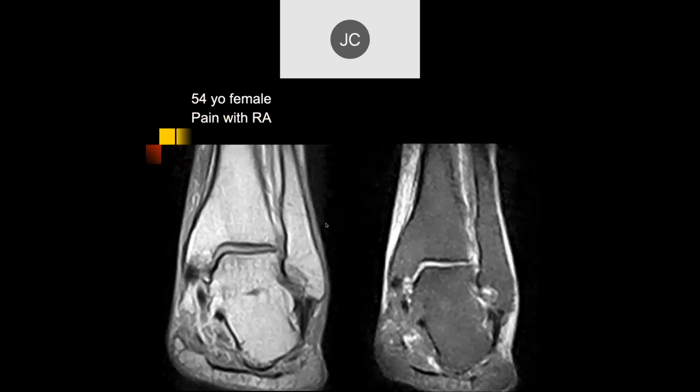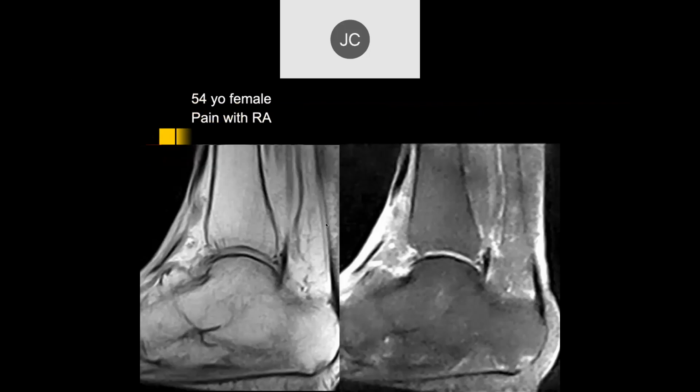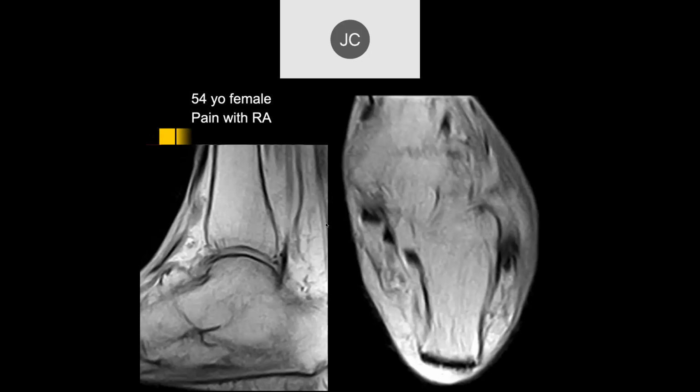Tayson, you next? Okay. Looks like we have fusion of the talus and the calcaneus. And so here is a fusion of the talus and calcaneus in someone with rheumatoid arthritis.